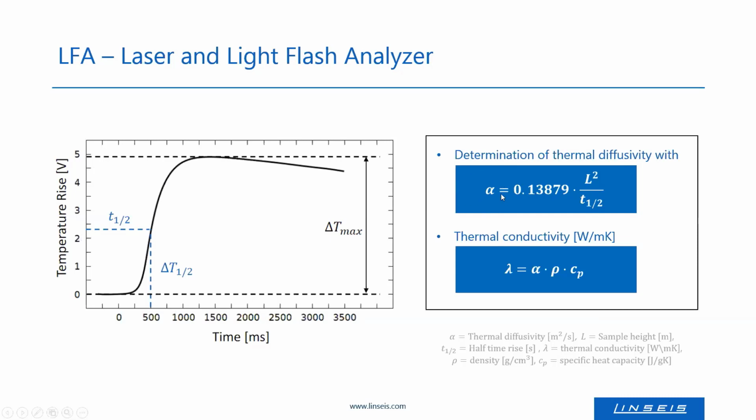This is thermal diffusivity, and in order to calculate thermal conductivity, you have to multiply thermal diffusivity by the density and the heat capacity. So there are 2 extra measurements to perform to get thermal conductivity out of a laser flash instrument.